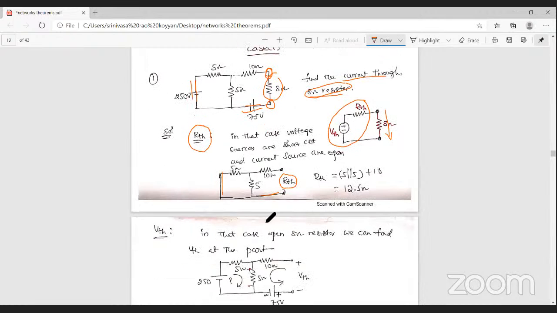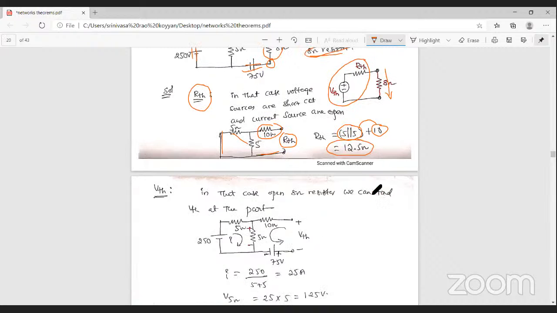Then what is the Thevenin's resistance here? These two resistances are in parallel, and the resultant resistance is in series with the 10 ohm resistance. That is, 5 parallel with 5, and the resultant is in series with the 10 ohm resistance. So the Thevenin's resistance is 12.5 ohm.